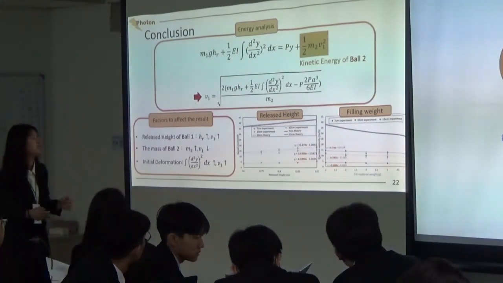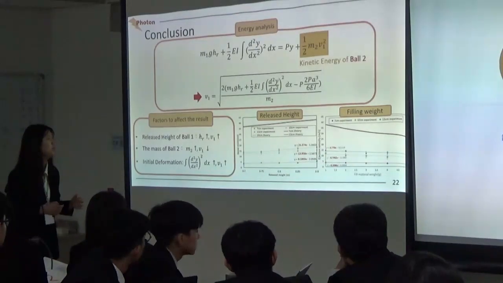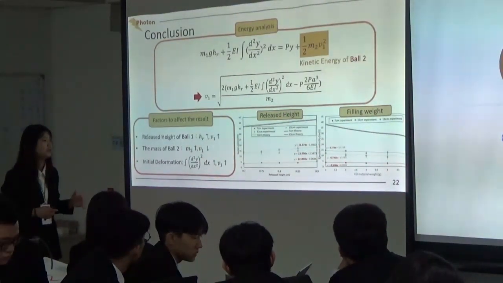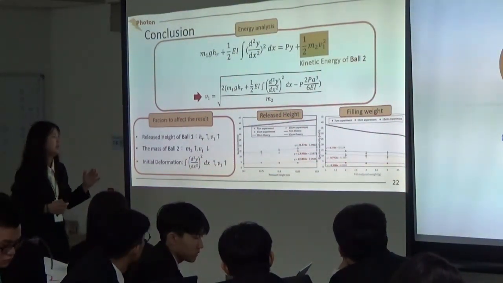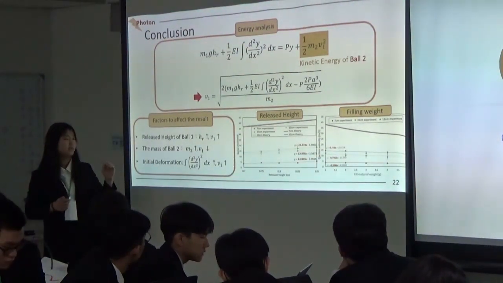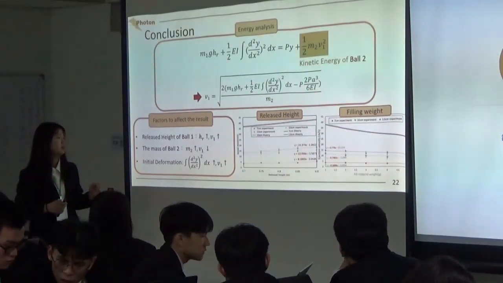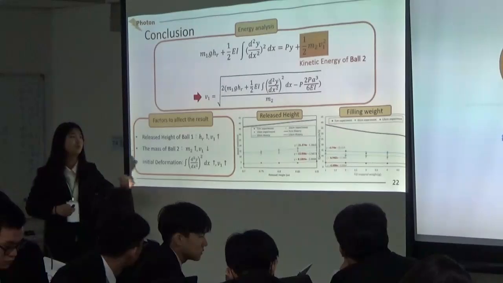Another factor that affects the result: in our experiment, when the release height of ball one increases, the ejection speed will increase; when the mass of the ball tube increases, the ejection velocity will decrease; and when the initial deformation increases, the velocity will increase.